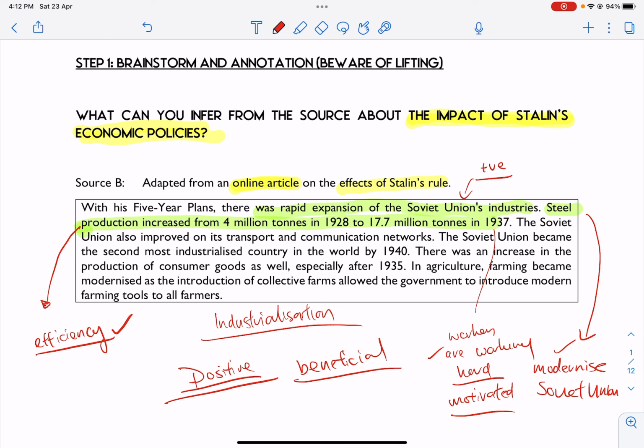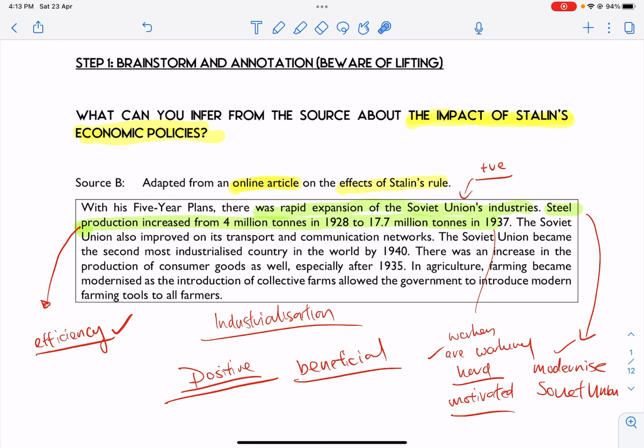I would say it's more about output, because they clearly give you figures talking about output. Here output again, consumer goods. Here output, farming became modernized. Also talking about output. So it's more about the benefit of the country as a whole in terms of the success rate and the output, and how far industrialized Russia became after Stalin's policies.